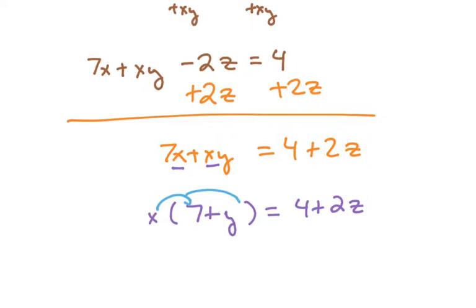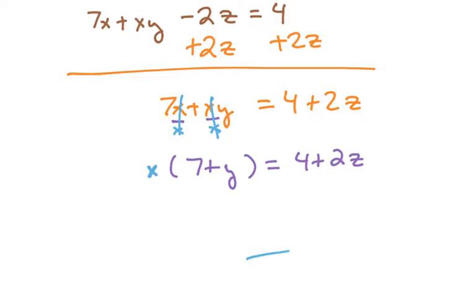I am doing the same thing as distributing, but I'm doing it in reverse. So I'm actually dividing through by x. So notice what I did here. Divided through by x, put the x on the outside, and then that left me with 7, that left me with y. I wrote that inside the parentheses. Okay? So it's reverse distribution. That's what factoring essentially is.